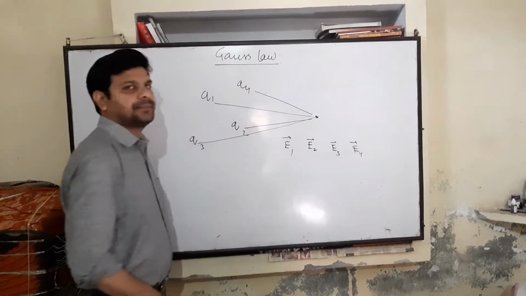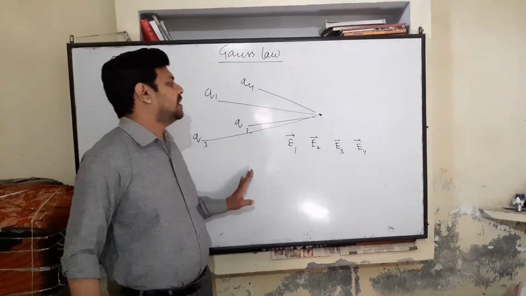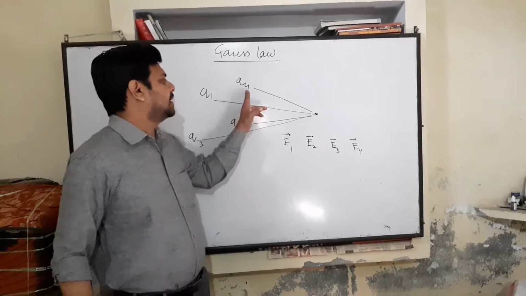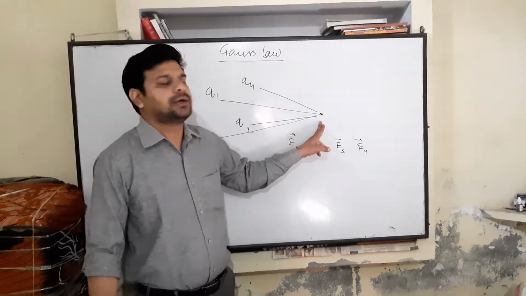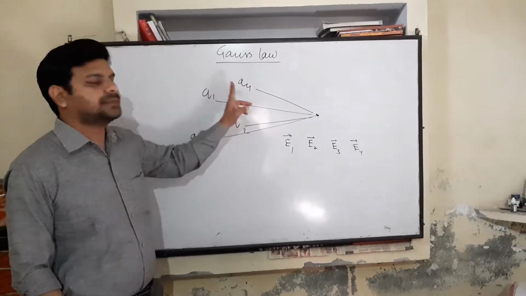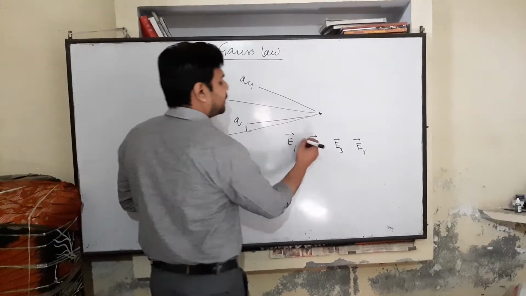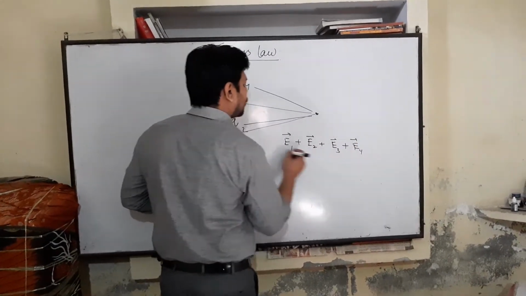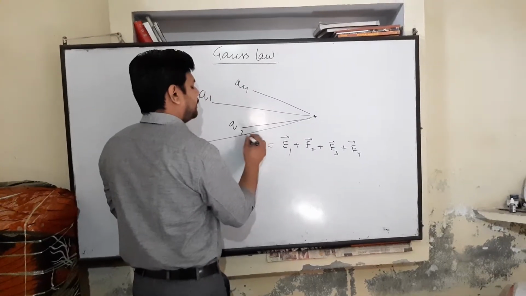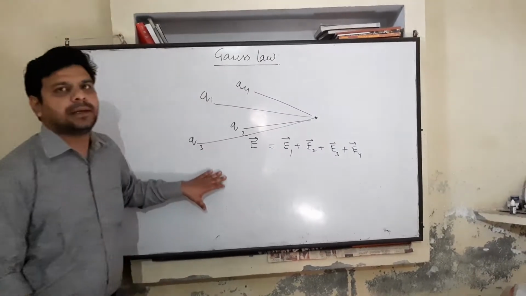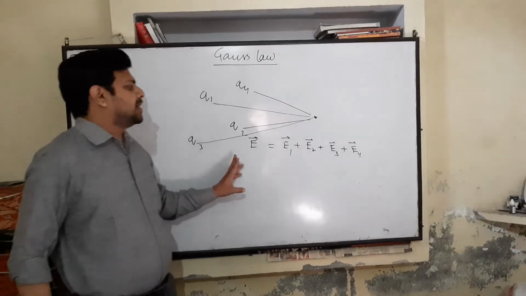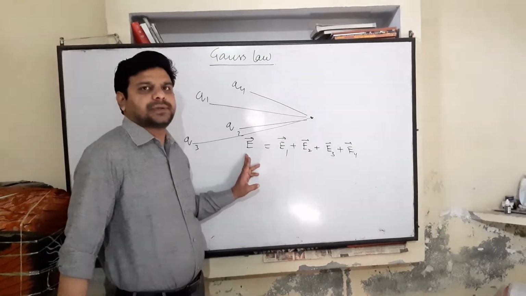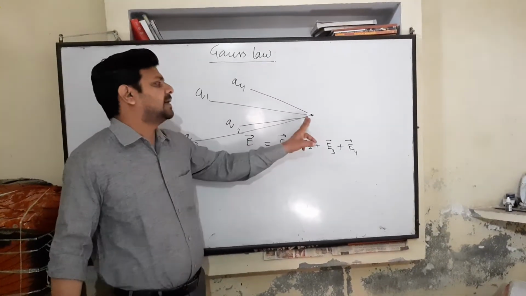All are vectors. Then to find the net electric field at this point due to these four charges, we have to use vector addition. This is a very complex process.